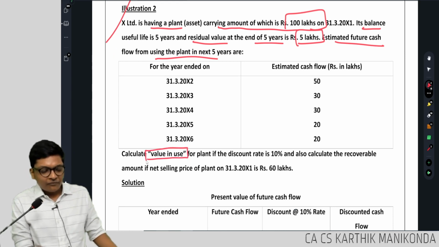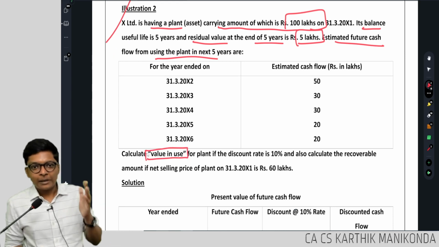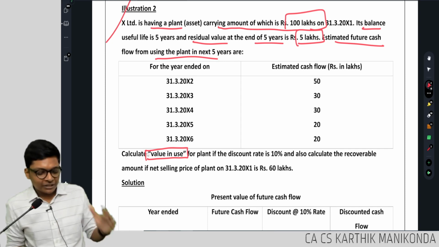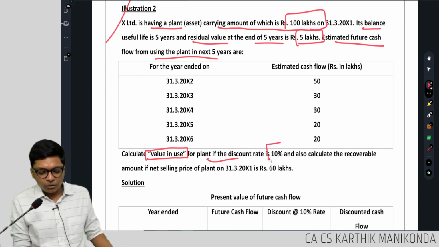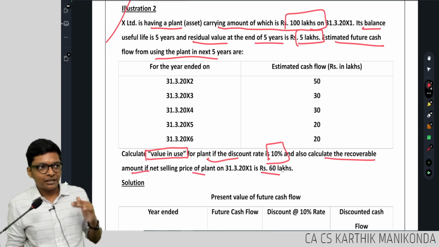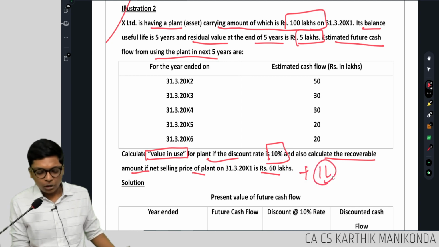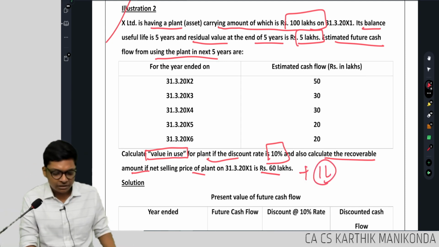Calculate value in use. What is value in use? Present value of future cash flows for plant if discount rate is 10%, and also calculate recoverable amount if net selling price is 60 lakhs. I will also tell calculate extra impairment loss if any. Let's do one by one, guys.